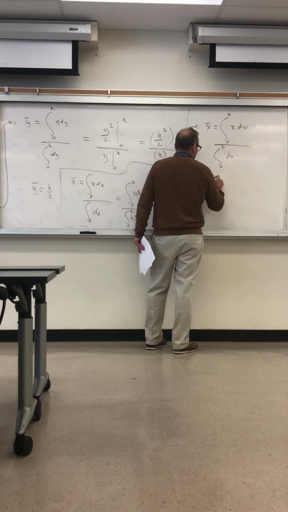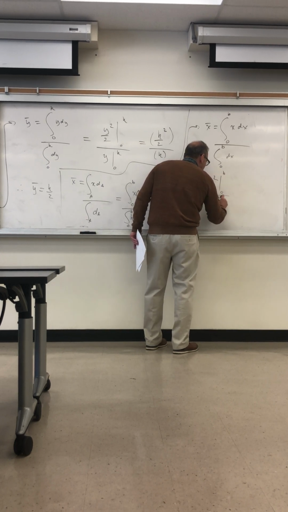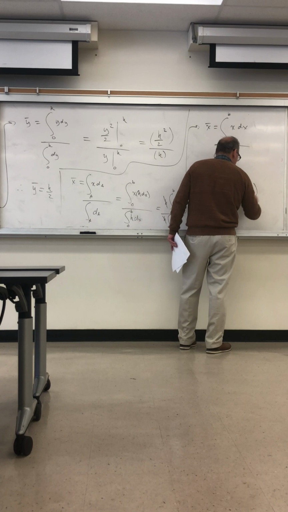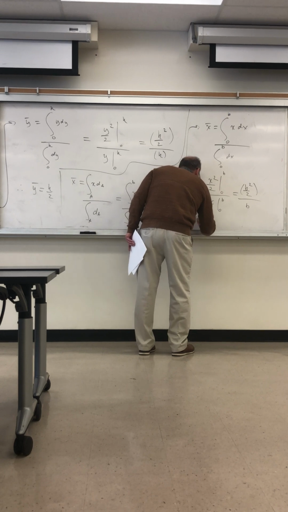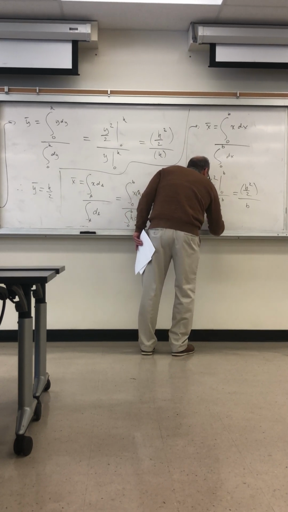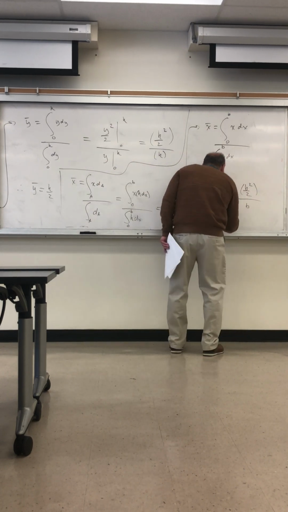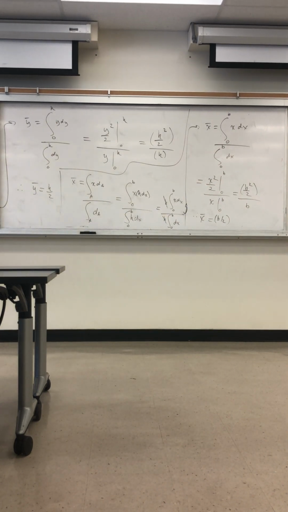This is equal to x squared over 2 from 0 to b, over x from 0 to b, which is b squared over 2 divided by b, and therefore x bar, the centroid in the horizontal direction, is b over 2. As expected. So it's halfway along the width and halfway up. Is that clear?